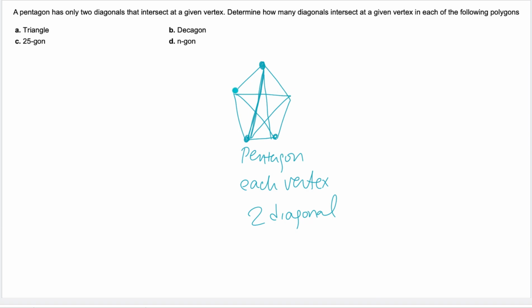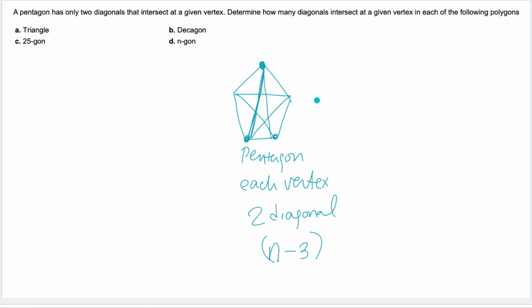So these 3 vertices cannot be connected with a diagonal to this vertex. So we have to take away 3 from the number of vertices. And that's how many we can draw from each vertex.